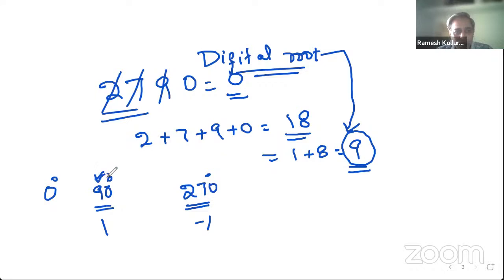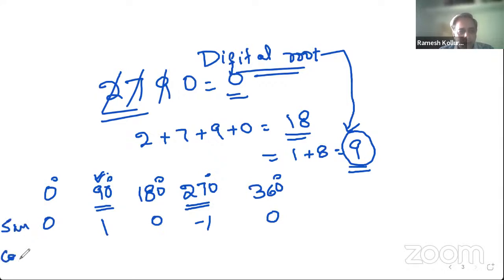But as of now, we observe that whenever we are getting a 9 number, it can be 0, 90, 180, 360. In all these cases, we will get these values for sine. For cos, it will be different: 1, 0, minus 1, 0, 1. Like that, it will move on.